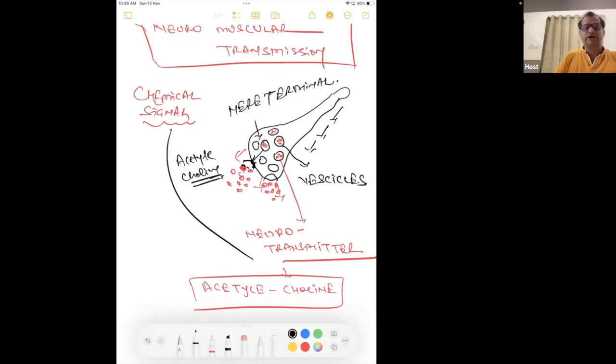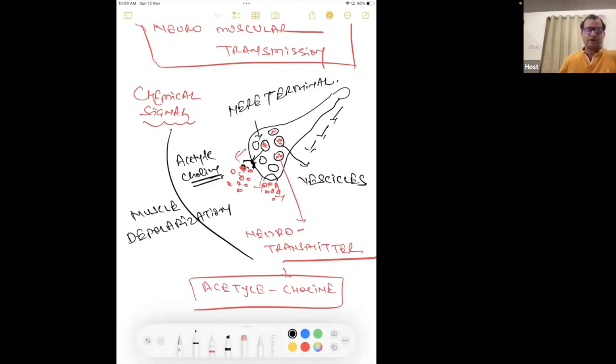And the more the acetylcholine, the more the muscle contraction, or we say the more the muscle depolarization. So this acetylcholine plays a very important role. In many diseases, this acetylcholine is decreasing. This acetylcholine is working in the synapse.